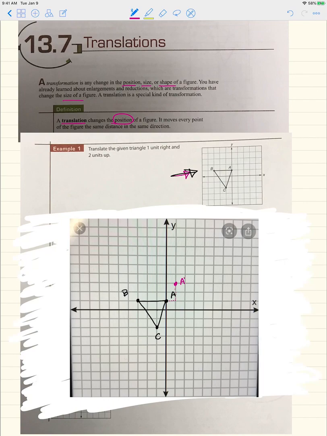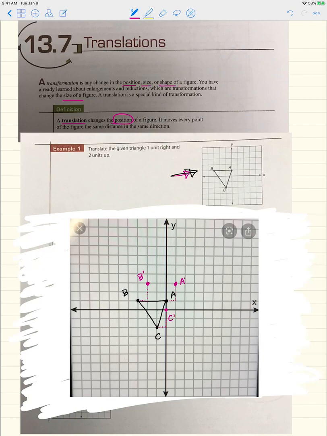Now I'm going to do the same thing for point B. I need to move point B 1 unit right and 2 units up. So 1 unit right gets me here. 2 units up, there's 1 unit, and here's 2 units, and that's going to be B prime. That's the image. And then C, down here, we're going to do the same thing. 1 unit right takes me to my y-axis, and 2 units up takes me to my origin at 0, 0.